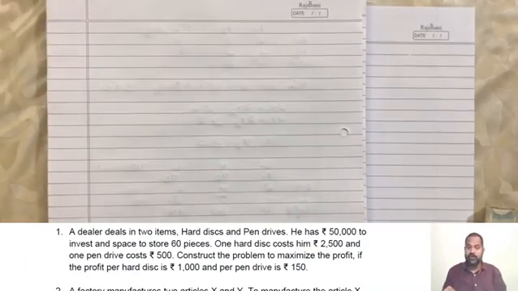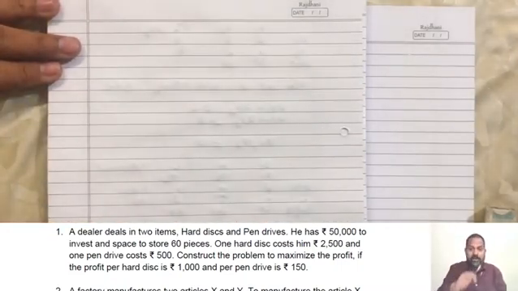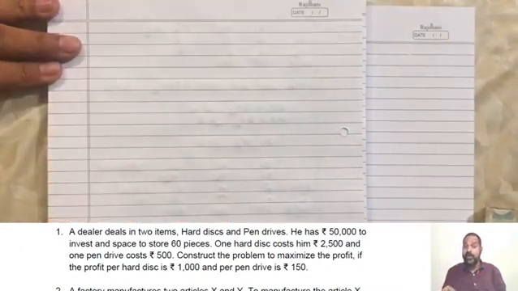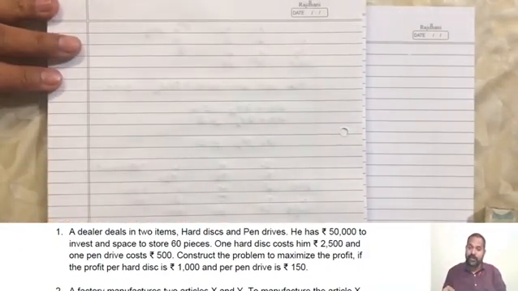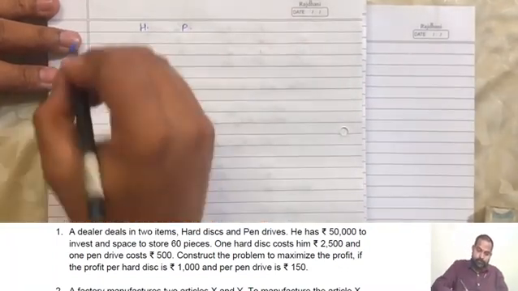That is because they are asking you to maximize profit. Cost is not an objective. Cost is a constraint. Do you notice they have written that the total he can invest is 50,000 rupees? So money is a constraint. It is not an objective. So hard disks, pen drives, cost.